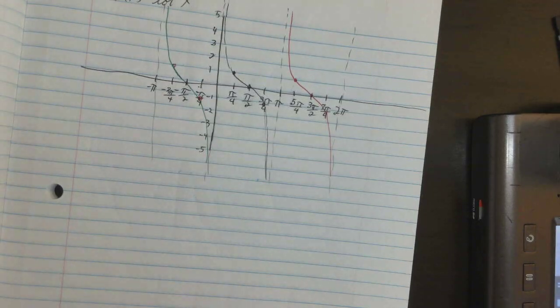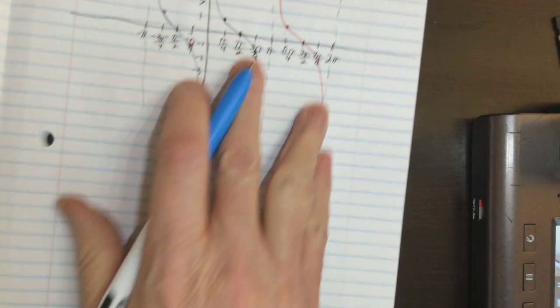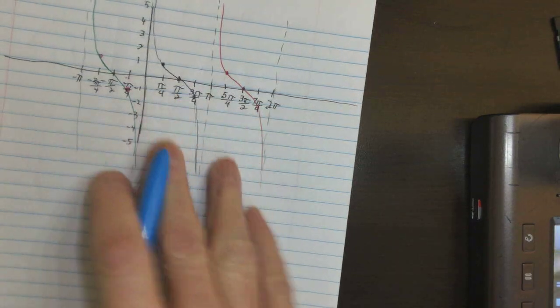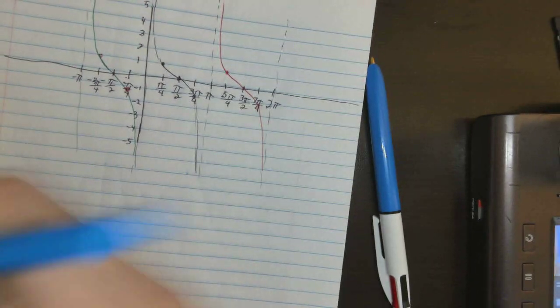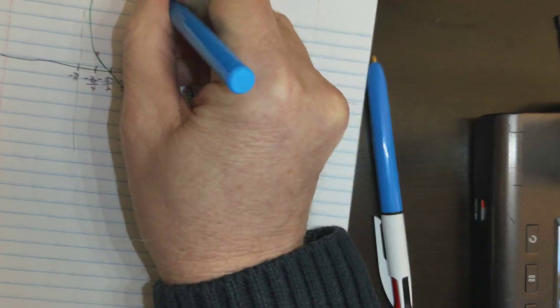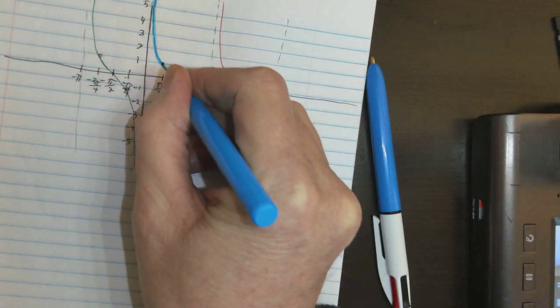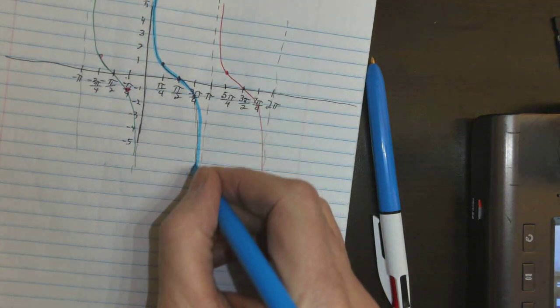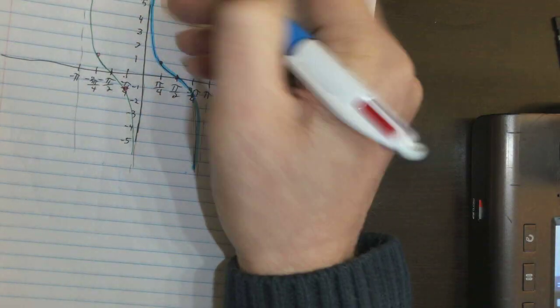All right, so there we go. We got the cotangent. Now look at the cotangent. Let me highlight the main part here. And you can see here that the period is pi again.